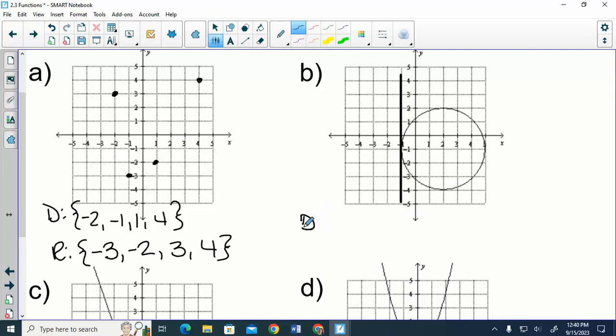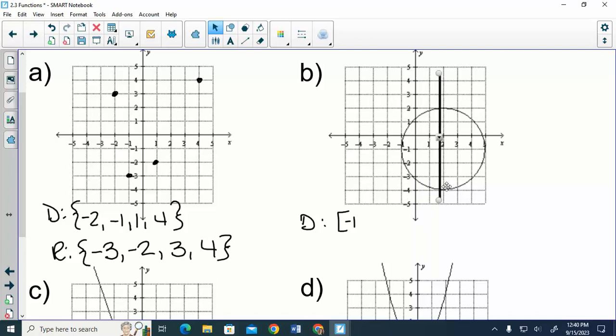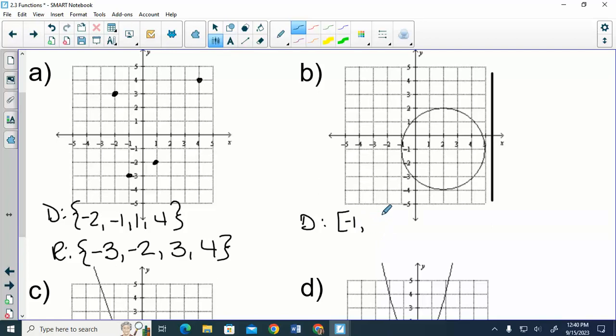We do hit it, and then it's continuous after that, so we're going to have to give an interval. So it starts at -1 because we actually touch it, it gets a bracket. And then as I keep traveling, when do we stop? At 5. So we have -1, comma 5. And they both get brackets.